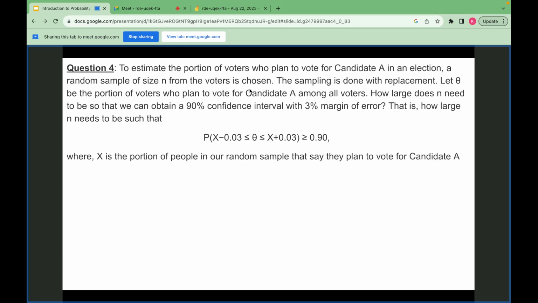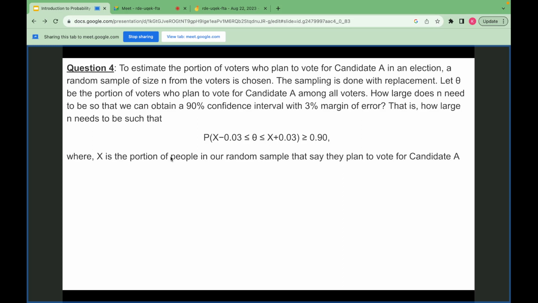So we have a large population, and from that we want to estimate how many voters are planning to vote for candidate A. We choose a random sample of size n, and the sampling is done with replacement. Now let theta be the proportion of voters who plan to vote for candidate A among all the voters.